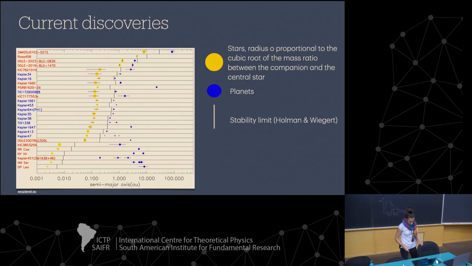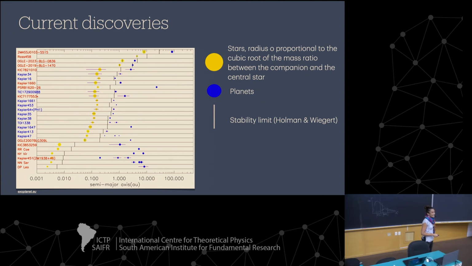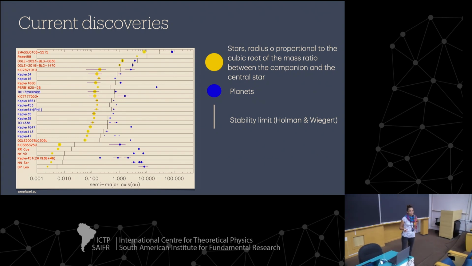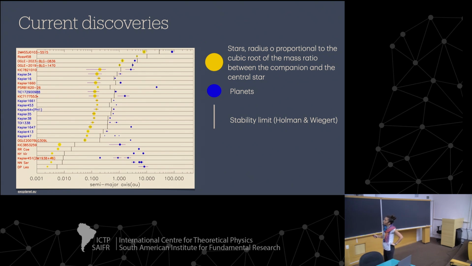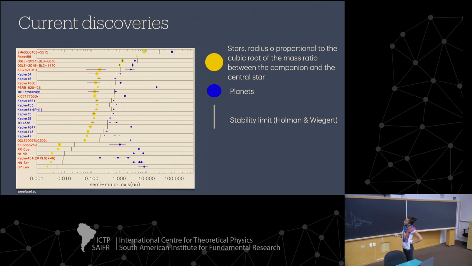Okay. At the moment, we have not discovered many. Compared to the 5,700, we only discovered these. The blue ones are discovered by transit, and the red ones are discovered by other methods, usually transit timing variation. Here the stars are in yellow, and the exoplanet in blue.